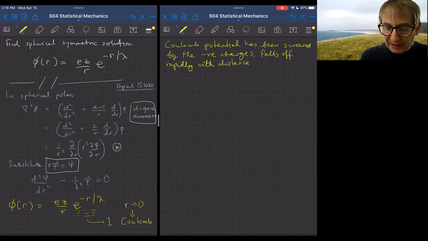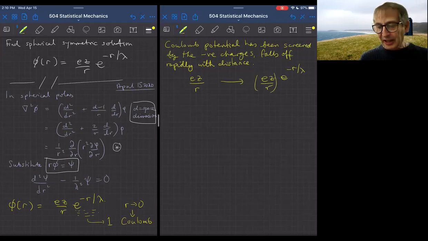So our original Coulomb potential is now falling off like this, and this E here is actually the charge, not the number 2.7.